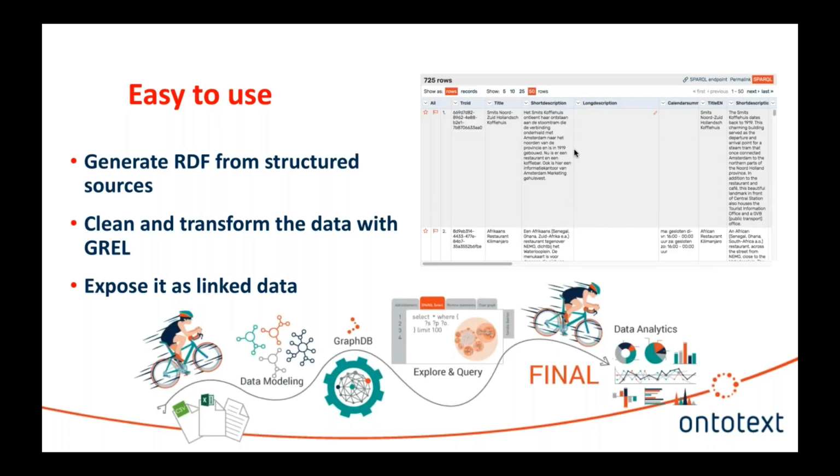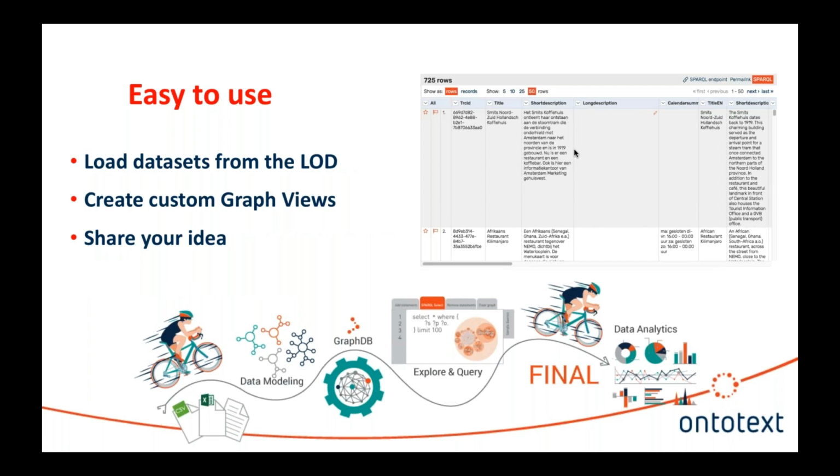So what does it mean, easy to use? Easy to use means to be able to have a smooth experience in taking any structured data and generating RDF out of it. Obviously, sometimes you need to clean and transform the data. You can do this with the OntoRefine interface, which is integrated in the Workbench, and later expose it as linked data. So this is really a full path where you start with some data, you do some data modeling, and voila, at the end you have some linked data.